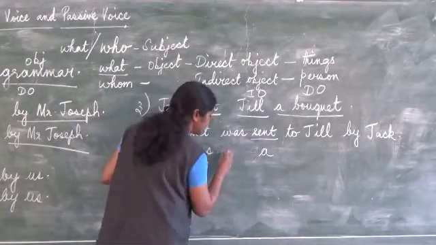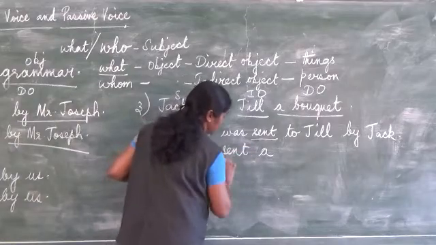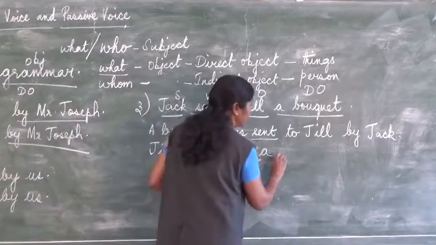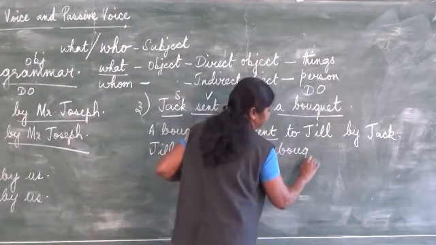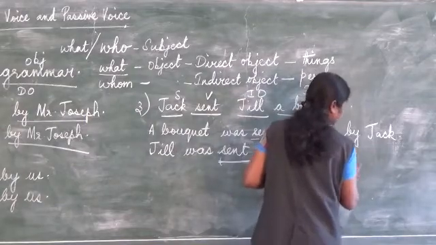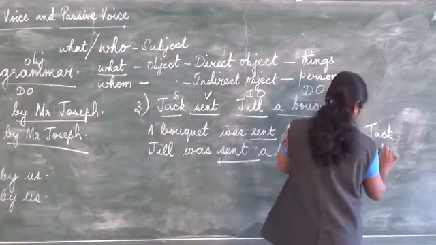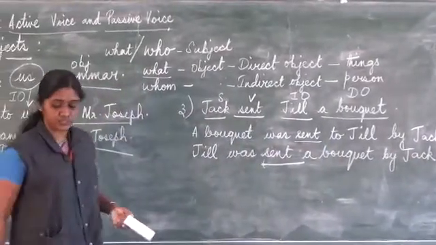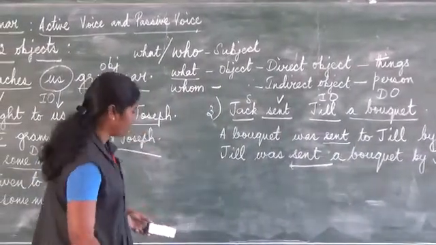Sent. So now after the verb you write the other object. Jill was sent a bouquet. Who sent this bouquet? By Jack. So this is how you have to change sentences with two objects into their passive form.